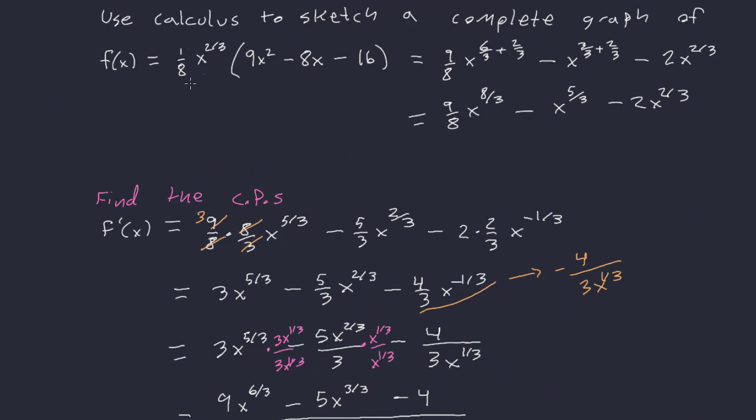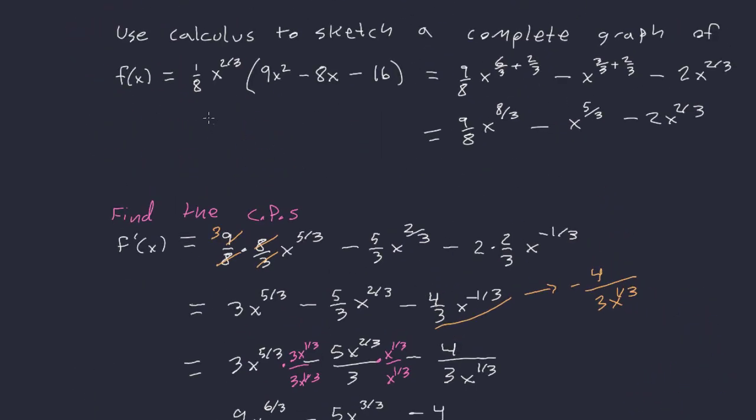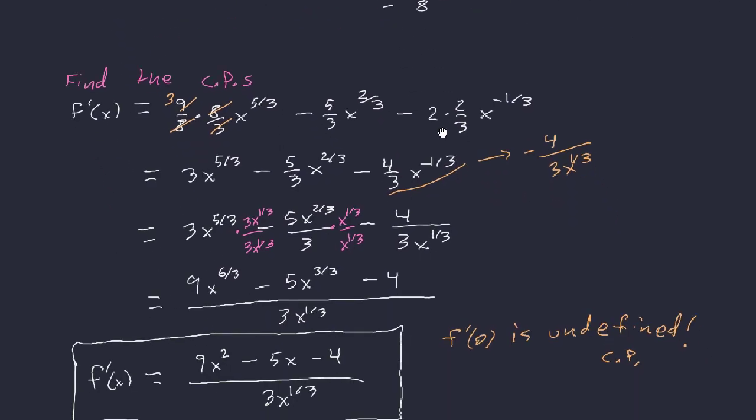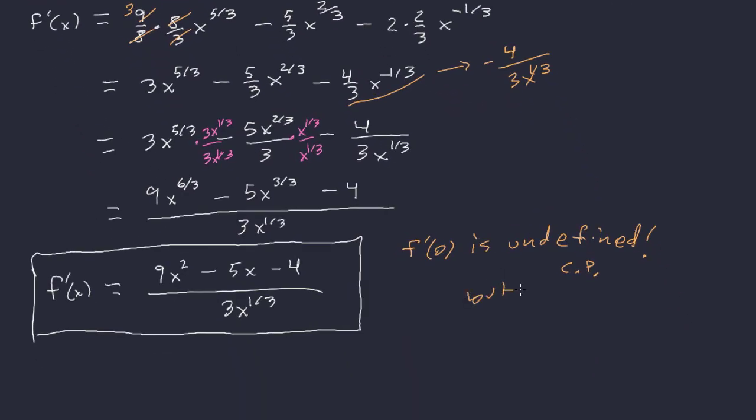This is not, however, since it's a 3 in the denominator here, a third root, this is still continuous. So this whole thing is continuous. However, I'll say f is continuous everywhere, but not smooth at 0.